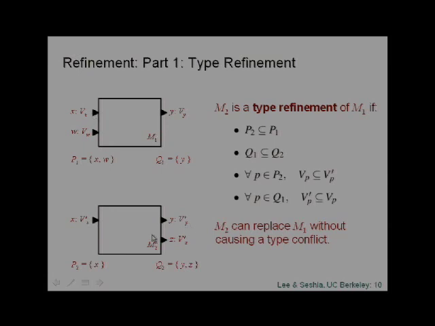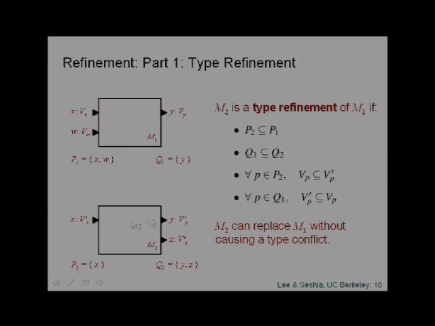So if M1 is an adder, and so it took x and w, and y was x plus w, right? And M2 was, let's say, an incrementer. So it took an x, and it just increments it and produces y by 1, okay?